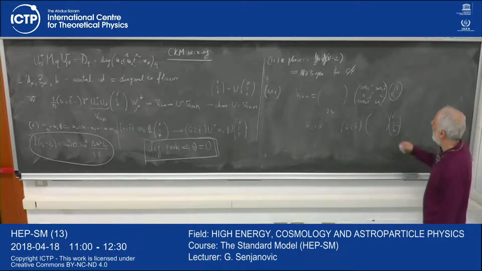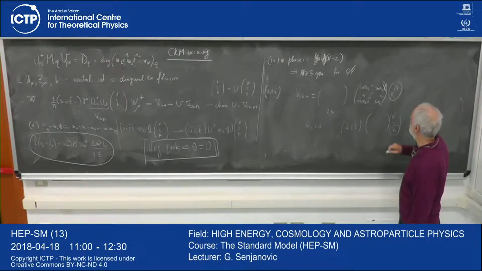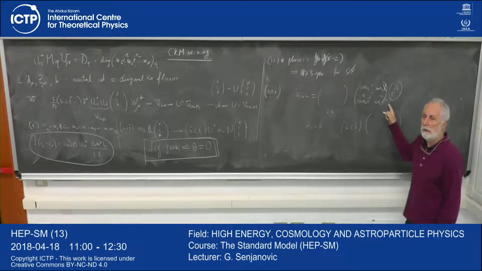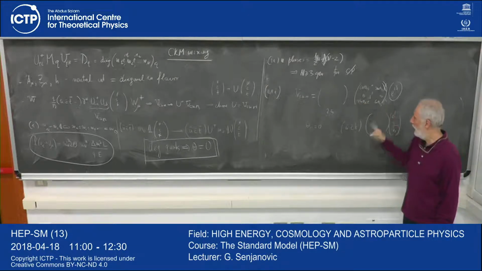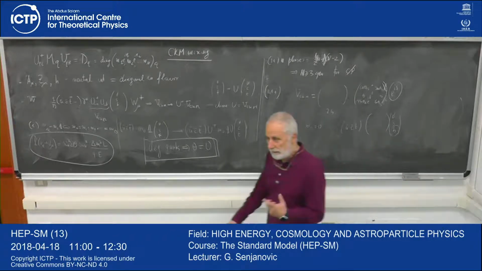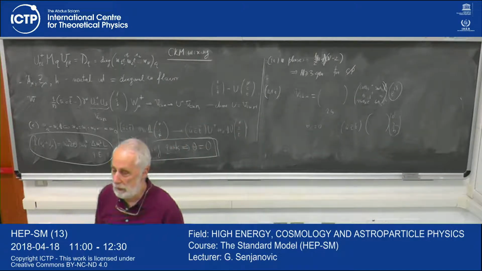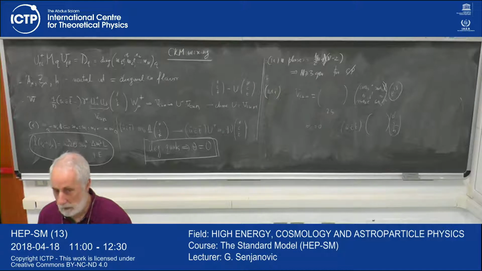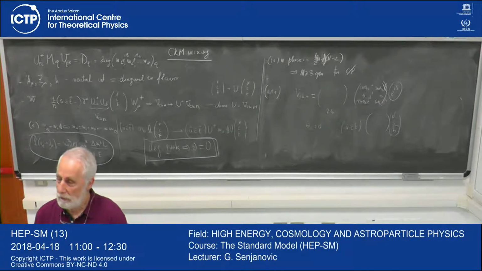And then remember, by redefining this, I put the phase here. Then I said I can multiply this by e to the minus i delta. That's a phase of the top quark. I can do that. And this is just to remind you, when you think you have a CP violation, it's not enough that you have the phase. You have to make sure you can't redefine it away.